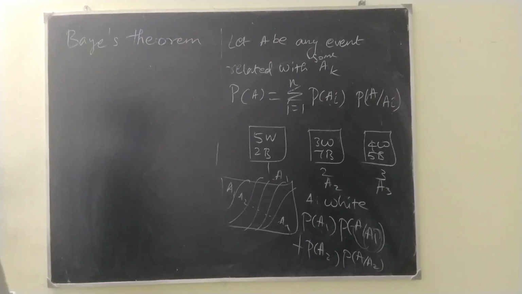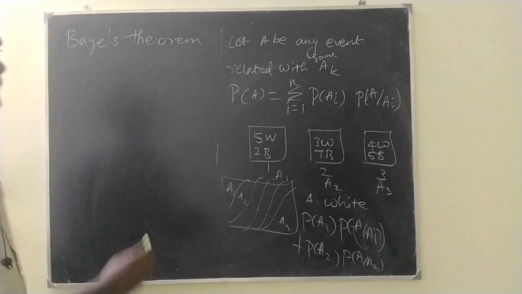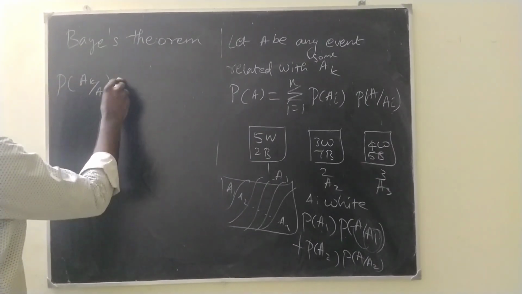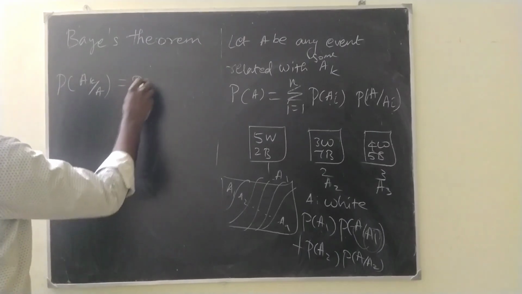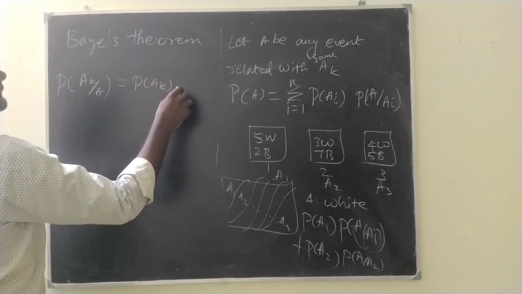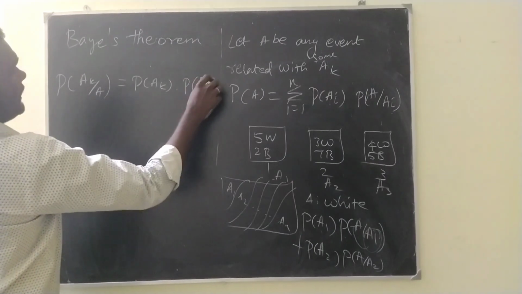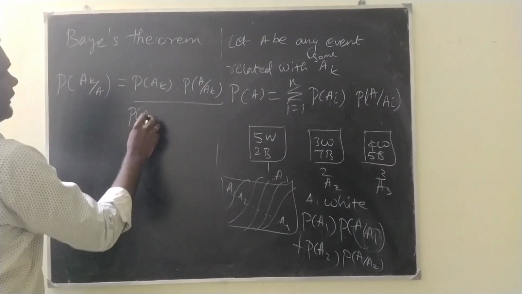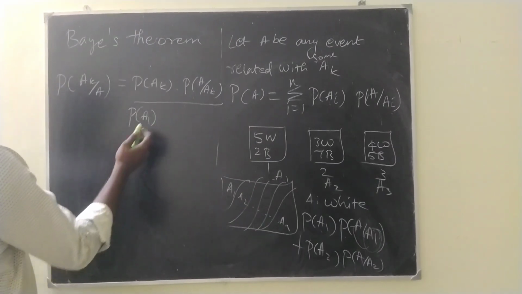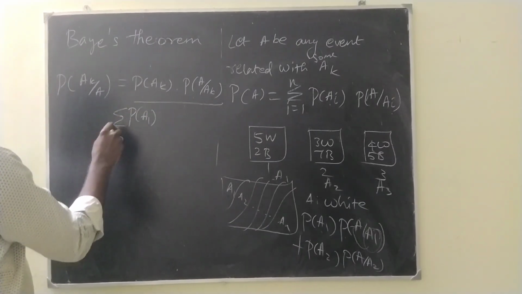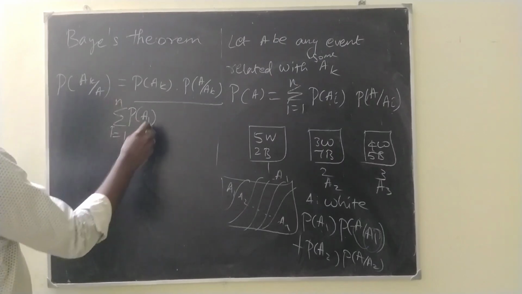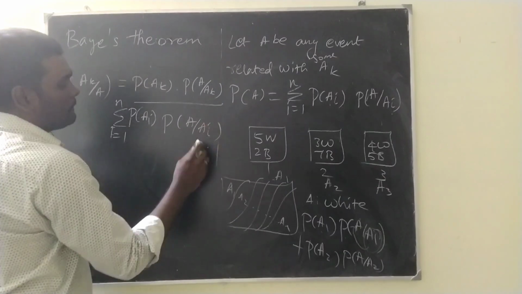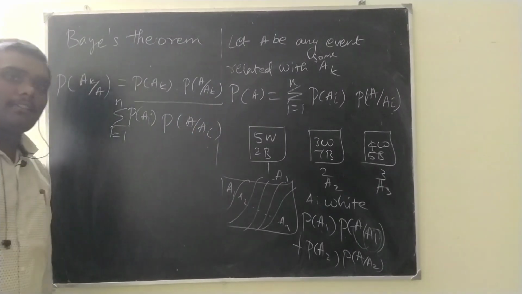That theorem states that P of AK given A equals P of AK into P of A given AK, divided by the summation i equals 1, P of Ai into P of A given Ai. I am sure that you can't understand anything in this.